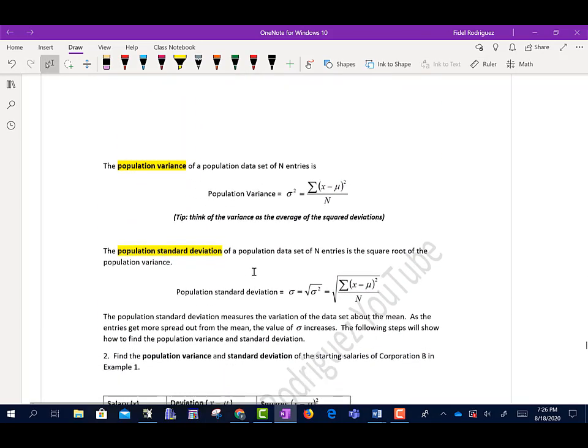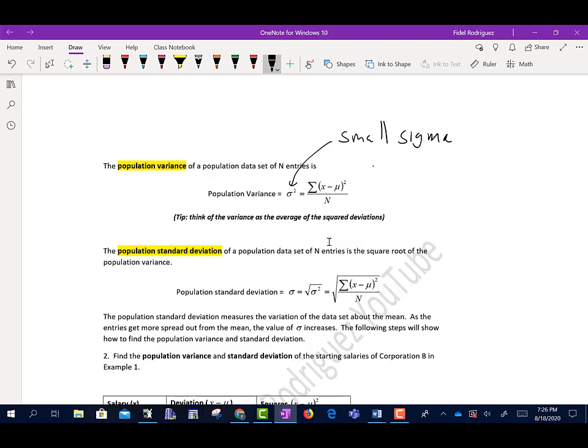Okay, so there's something called the population variance, and there's a formula here, okay, and I'm going to kind of explain it. So this little formula right here, guys. So this guy here is the small sigma. Okay.